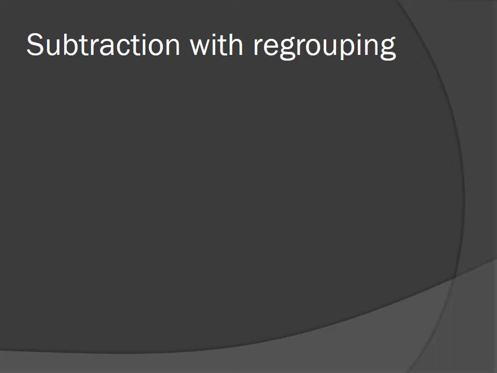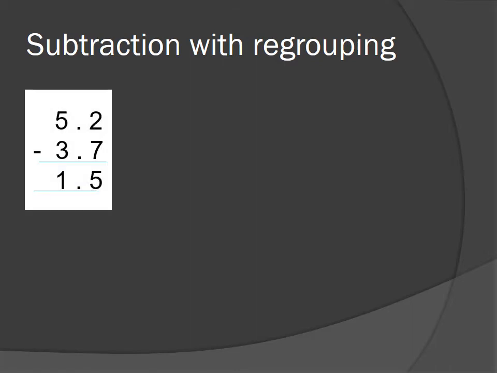Subtraction with regrouping. When we subtract a greater number from a smaller number in any place value, we need to use regrouping. First example, 5.2 minus 3.7. You have to subtract 7 from 2. 7 is a greater number than 2. So we want to take 1 from the ones place. So you want to mark 4 in the ones place because we took one from 5.